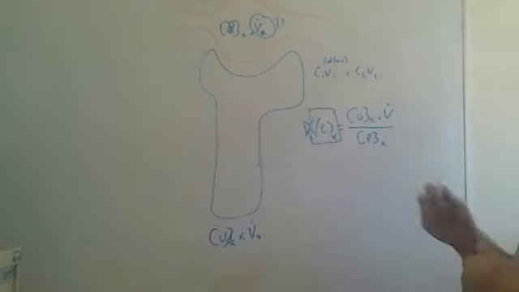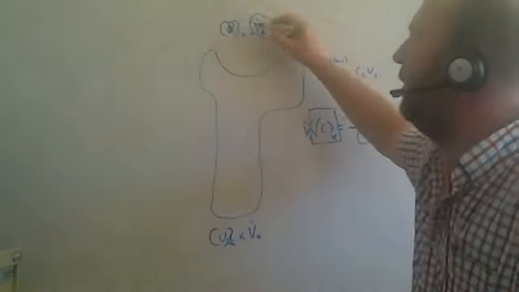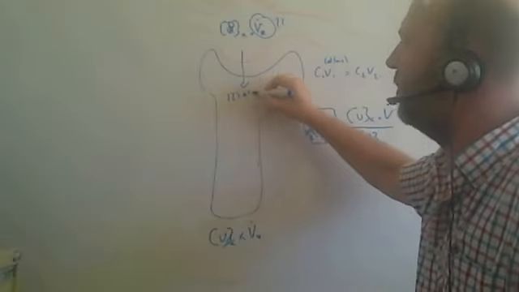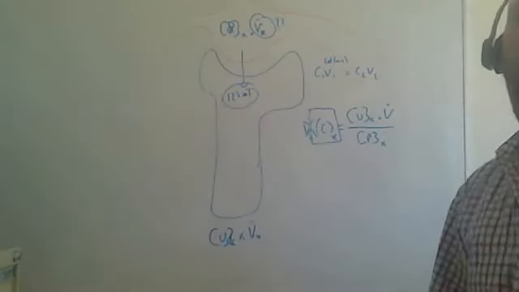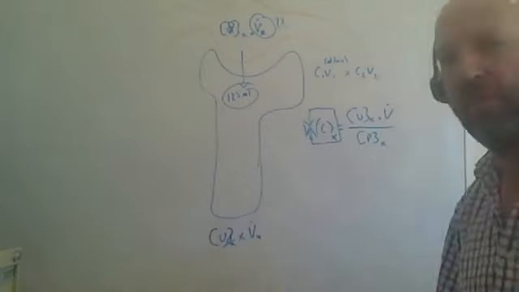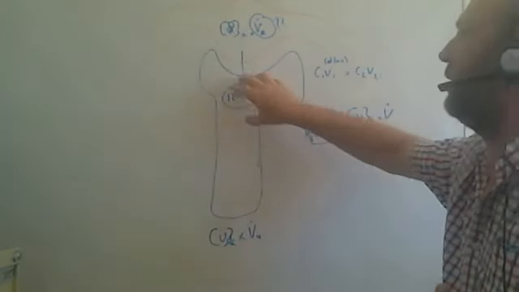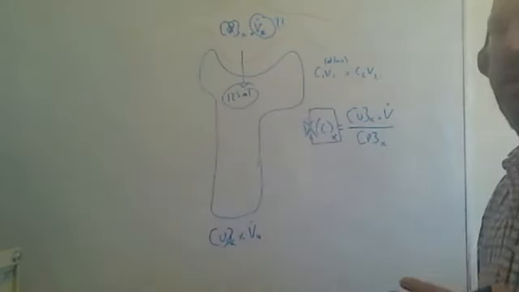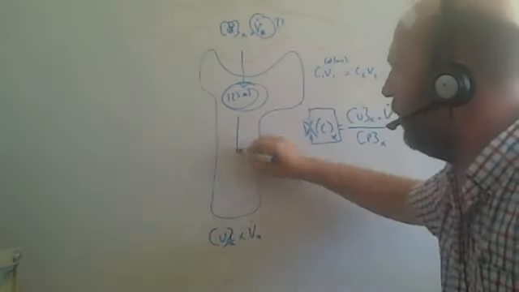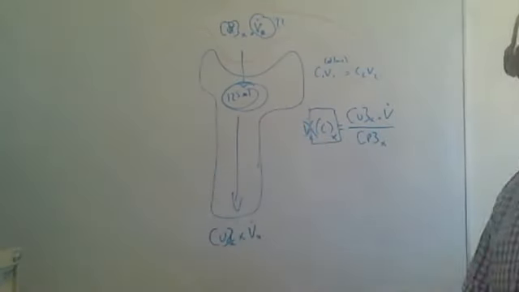Now, if that substance is freely filtered, then that means that approximately 125 mils of that substance is going to enter the glomerulus every minute, and therefore all of it will end up being cleared. Why?